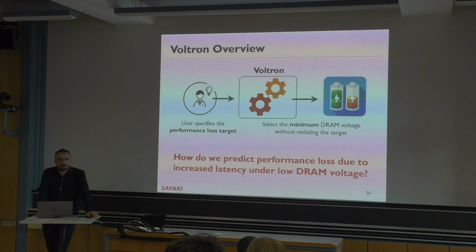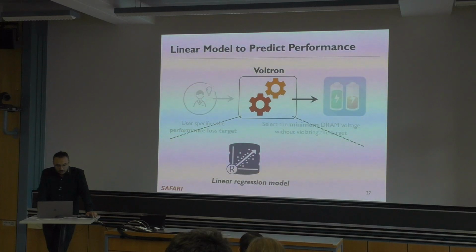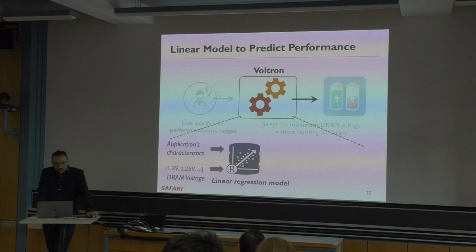But how do we predict these parameters? What kind of magic do we do there? This highly depends on your application's characteristics and your DRAM's characteristics. To come up with these parameters, we use a linear regression model. We look at the application's characteristics and DRAM's characteristics.